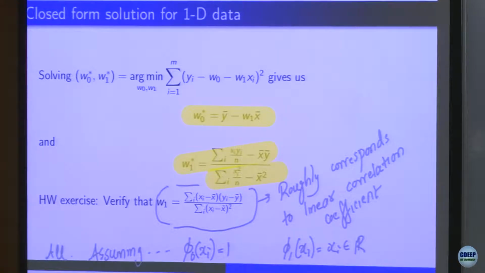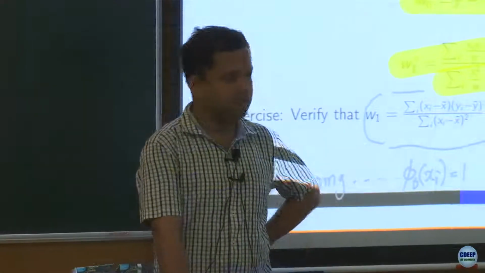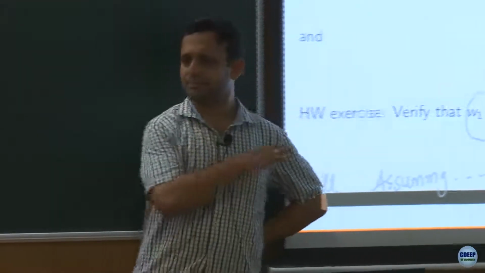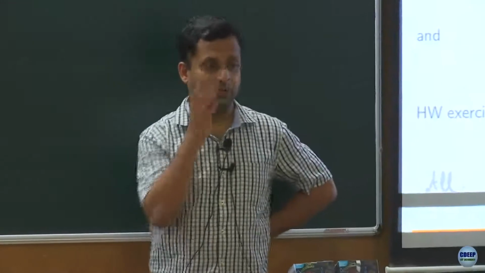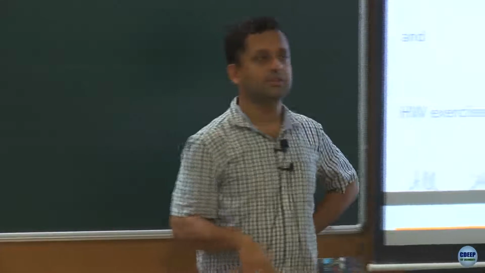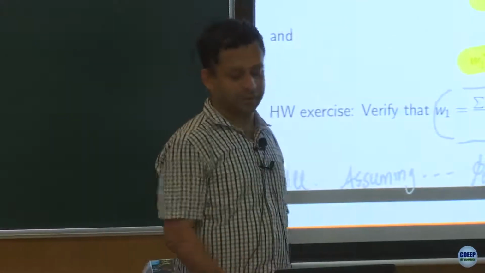In this simple setting, the original points were not complex, they were just simple scalars. But as pointed out, in general, we'll have to deal with complex x, and you have to design basis functions on those complex x's. Okay, so this is a closed form expression. Doesn't look far from where most of you are. So I would request that you verify the homework.